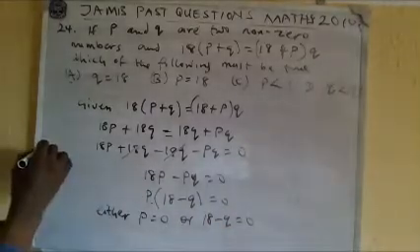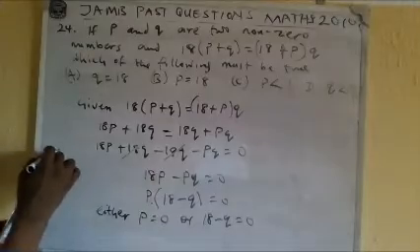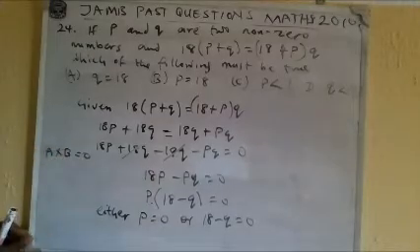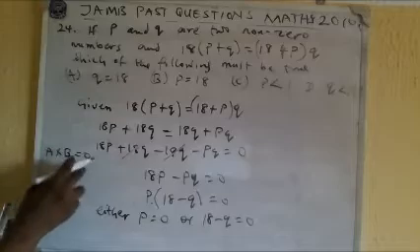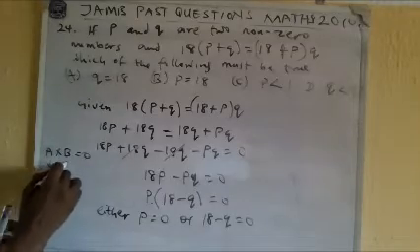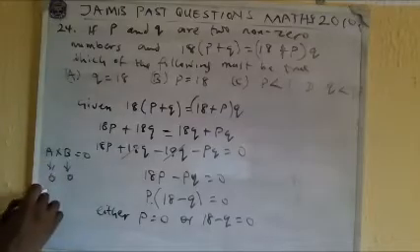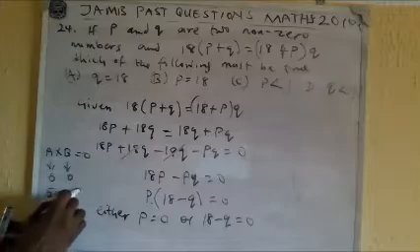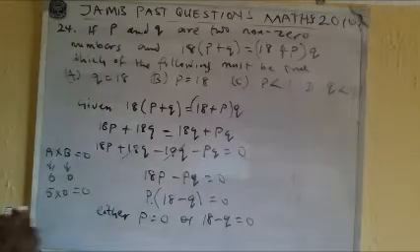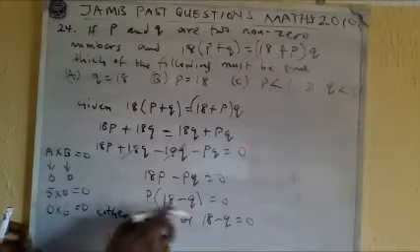If, for instance, I have A times B is equals to 0, either A will be equals to 0 or B will be equals to 0. One of them has to be 0. So if A is 5, that means B will be 0, or if B is 6, that means A has to be 0. One of them has to be 0. That's why we have it like this.